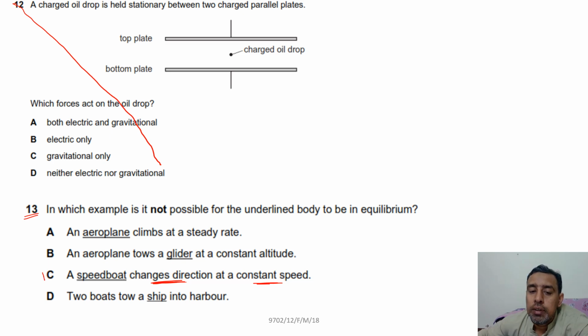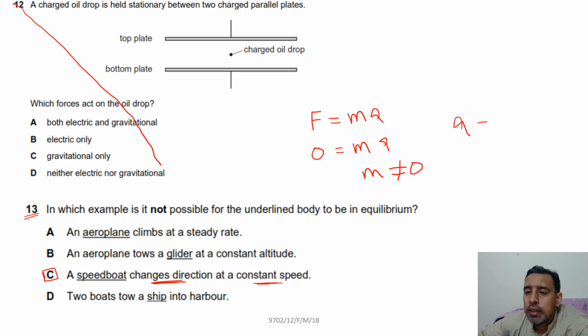So option C is the correct one, because you know that for equilibrium the resultant force, F equal to ma, must be equal to 0. And you know that mass can never be 0, so a must be 0. Acceleration comes from speed plus direction.